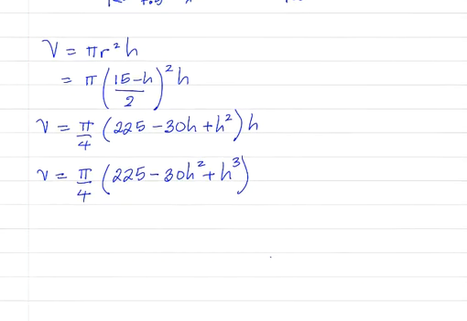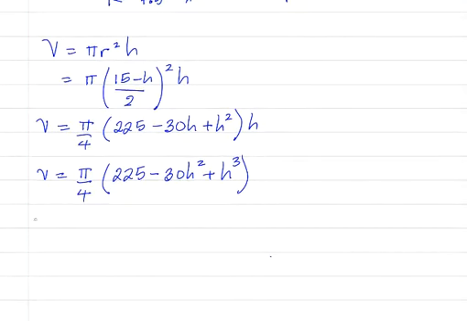Now at a stationary point, dV by dh is equal to 0.